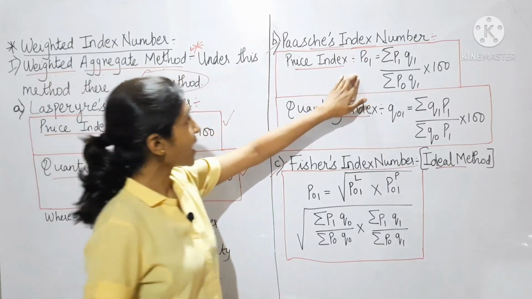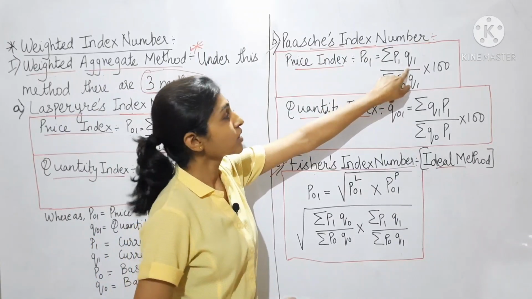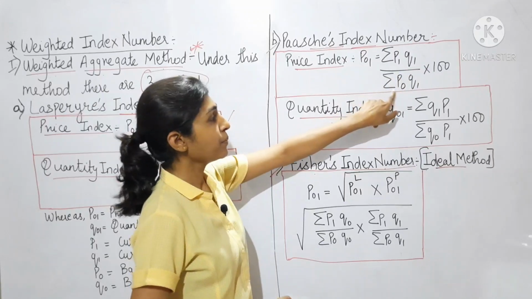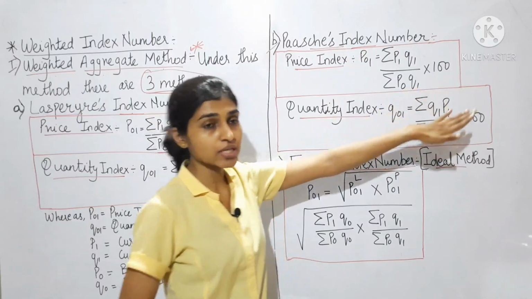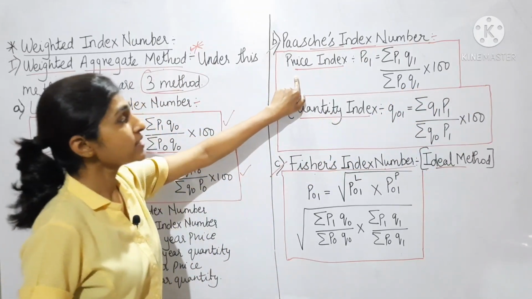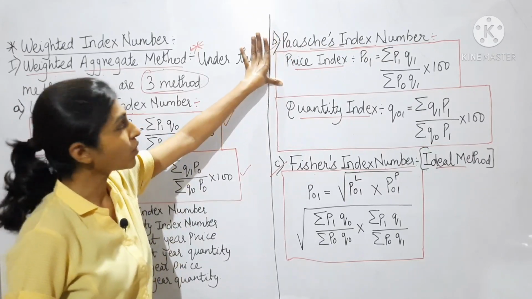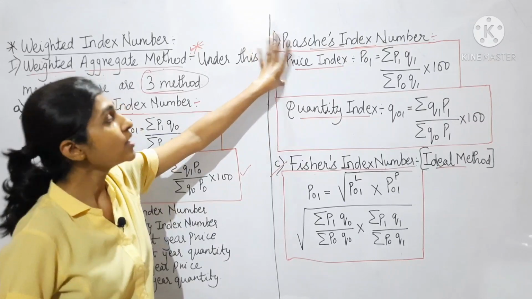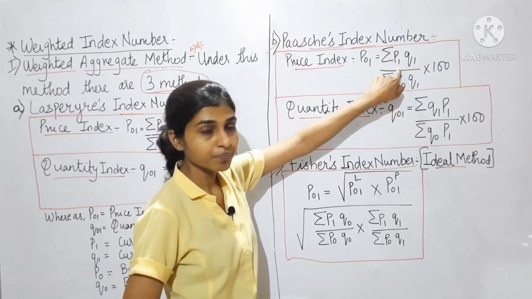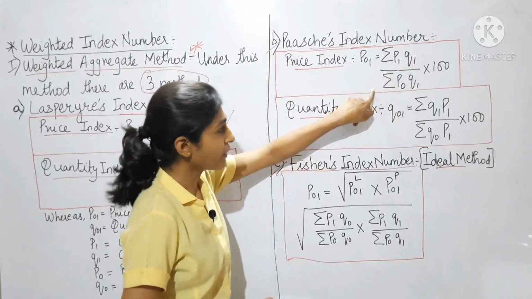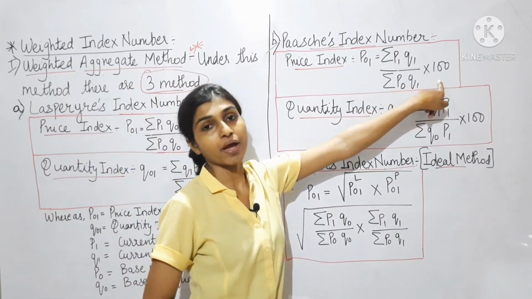I will repeat again. Price index number by Paasche's method: P01 equals summation of P1 Q1 divided by summation of P0 Q1 multiplied by 100.